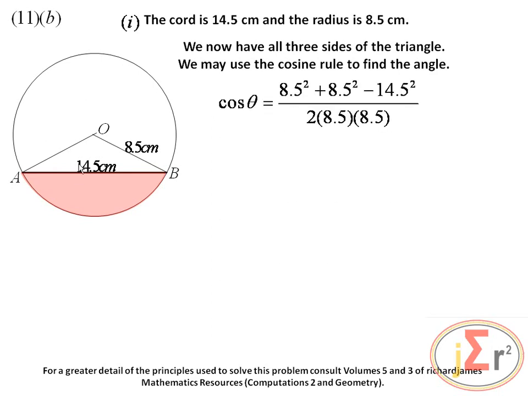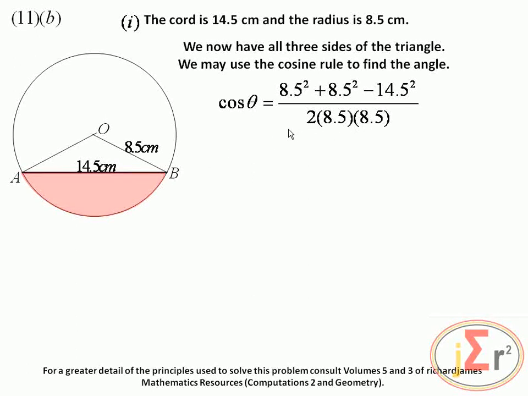So cosine of this angle that we have right here is equal to the two sides that form the angle squared and added, 8.5 squared plus 8.5 squared, minus the one that does not form the angle, 14.5 squared, and of course that is divided by 2 times the product of the two sides that form the angle.